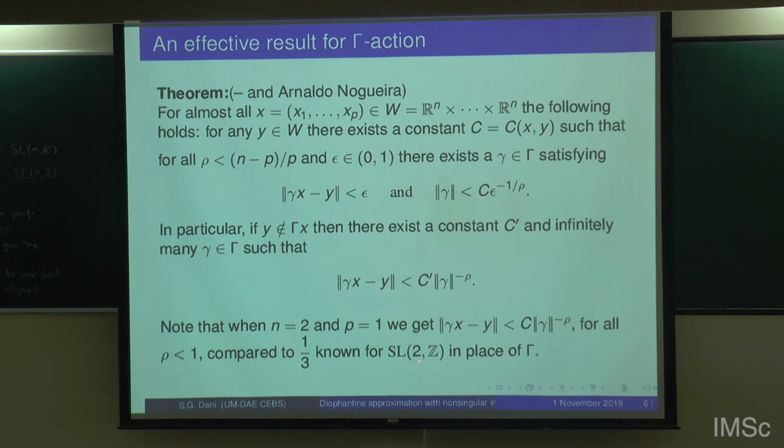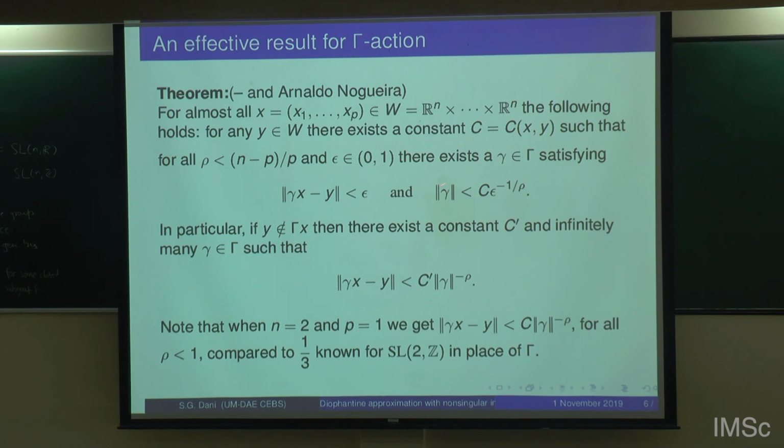For SL2Z itself, the expectation would be that you should be able to go up to 1/2, and for the larger semigroup, in fact, you can do better. You can take 1 here. For anything less than 1, you can find a gamma for which this holds.